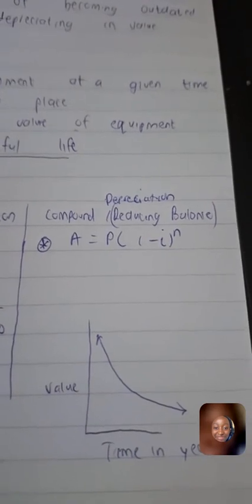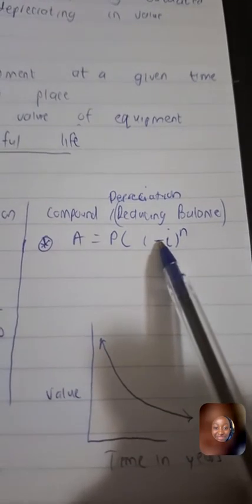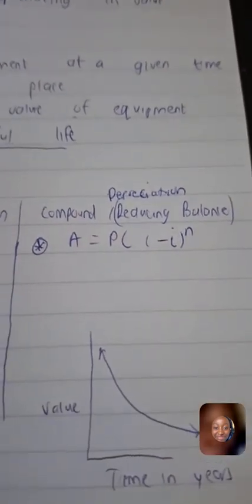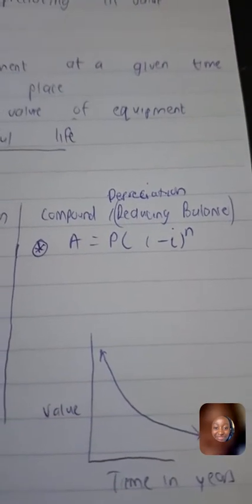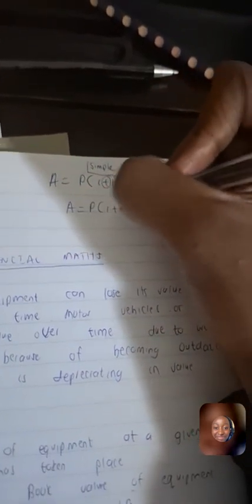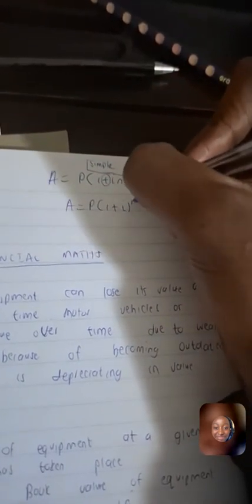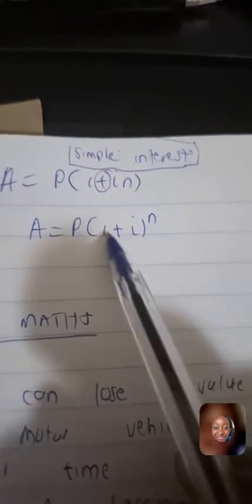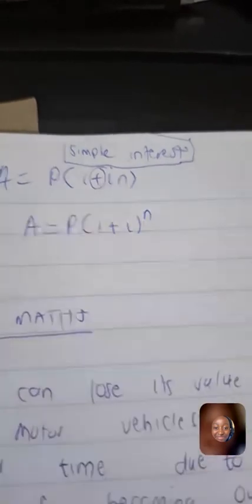Yes. I hope so. And you see that there is a minus. Did you guys do compound interest by any chance? Yes, we did. All right, because you would probably know that like simple interest, the compound interest formula also looks like the formula that we just looked at, but it has what instead of a minus? A plus sign.